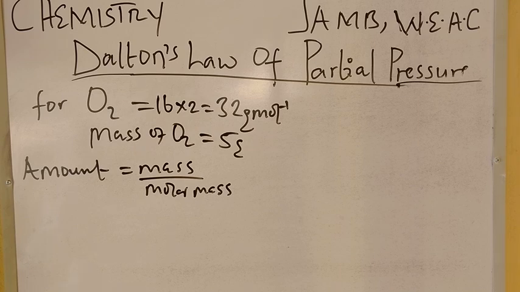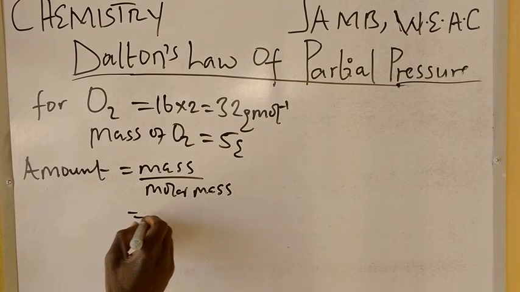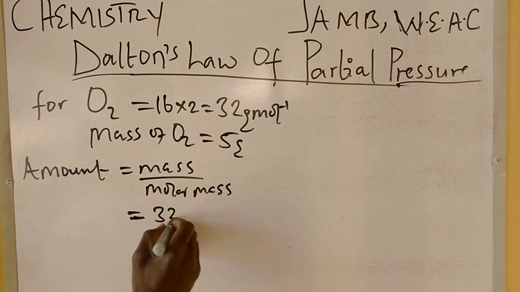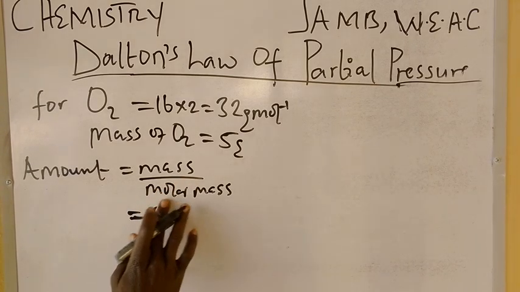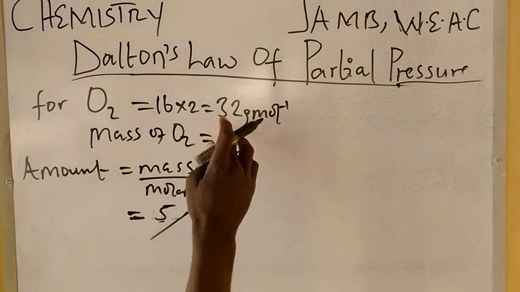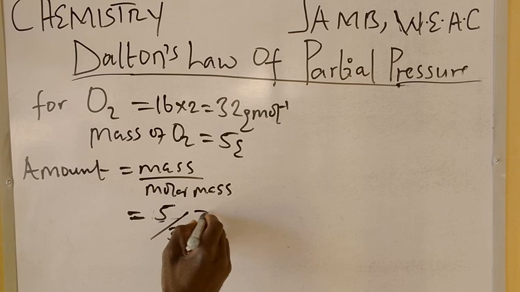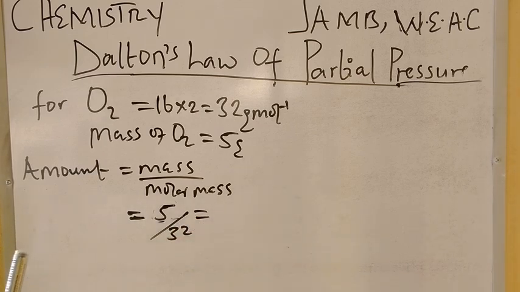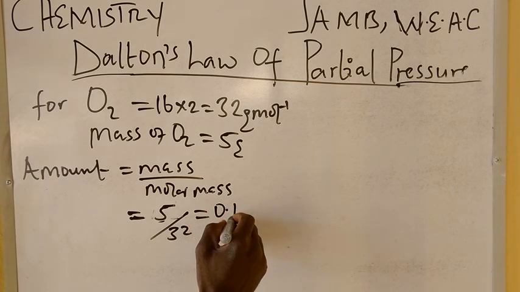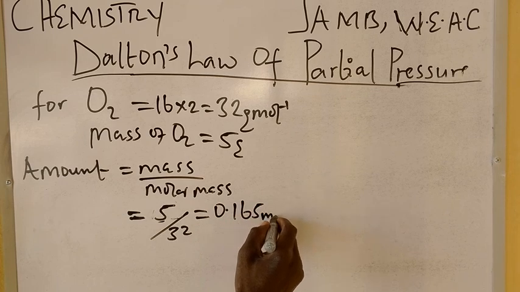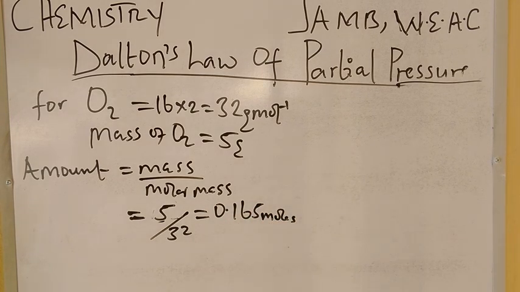Our mass is 5 and our molar mass is 32. So if you divide 5 by 32, we have 0.165 moles. Right? So that's good.